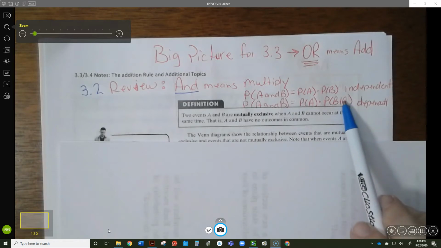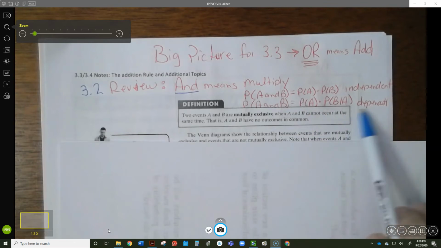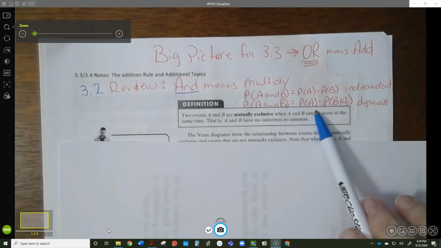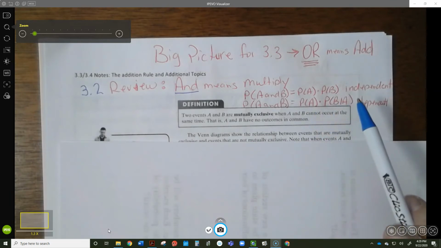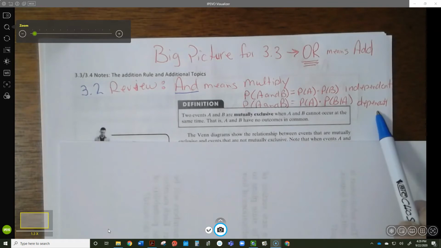So the outcome of A did affect the outcome of B. That's when you have a dependent event. And like I said, that's usually drawing a card from a deck of cards and you don't put it back. So you draw out 3 cards, you don't put them back. That's going to be a dependent event.